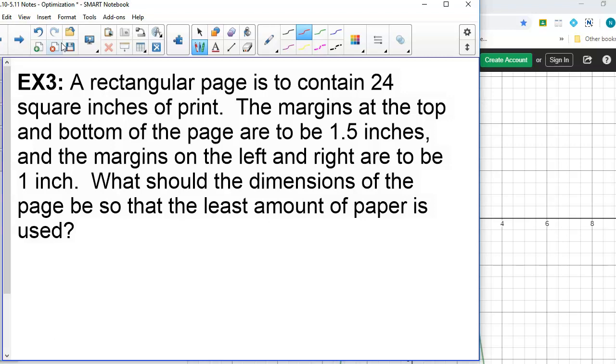But if you are producing some sort of maybe marketing pamphlet or something, and you want a border around the edge that it's 1.5 inches at the top and 1 inch on the side, and you want to use as little paper as possible, then you would want to get those dimensions right. Because if you make it too tall and skinny, that's going to use more paper. If you make it too short and fat, it might use too much paper.